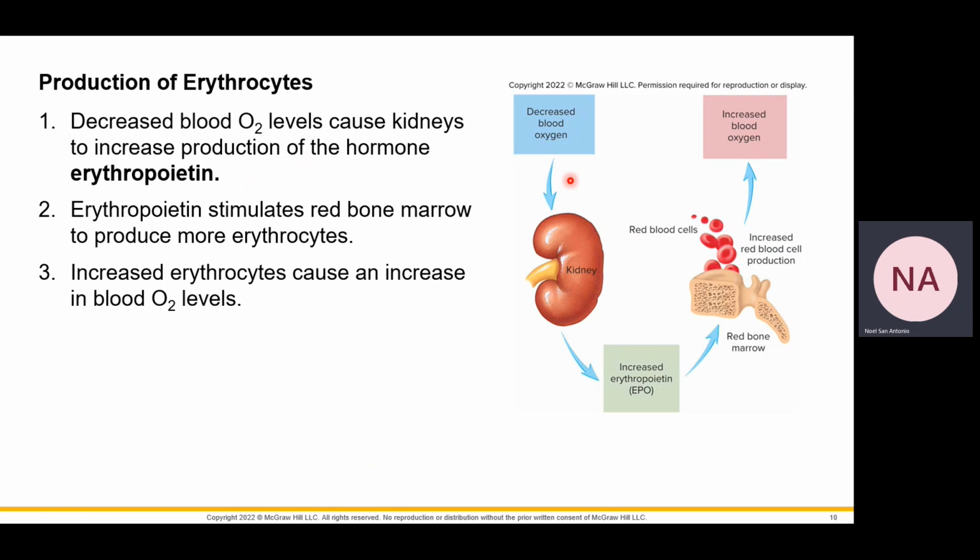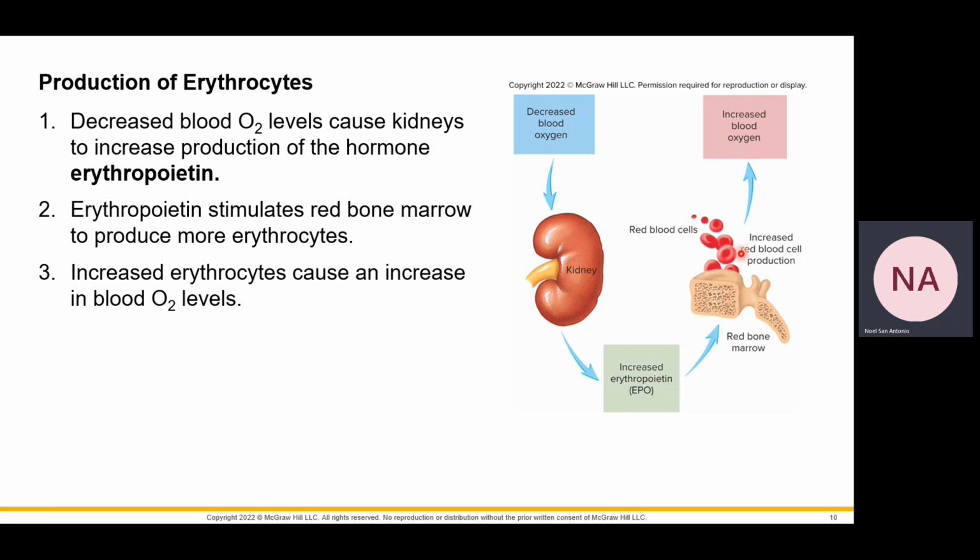As you can see here in the illustration, the kidney detects decreased blood oxygen, then it increases the production of erythropoietin. Erythropoietin targets your red bone marrow. Then the red bone marrow primarily increases red blood cell production.